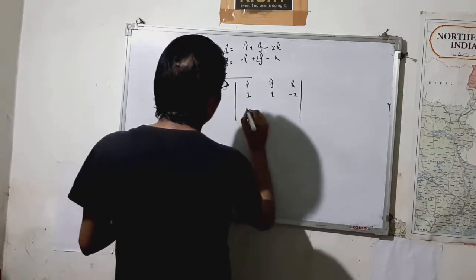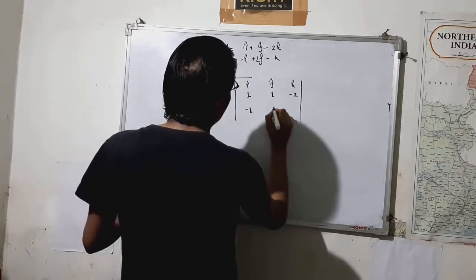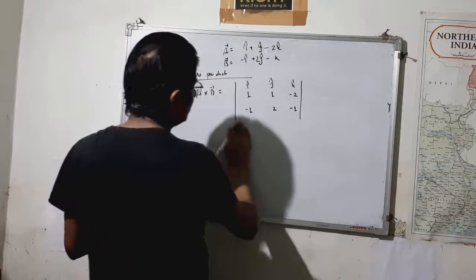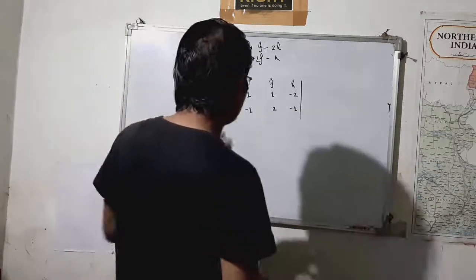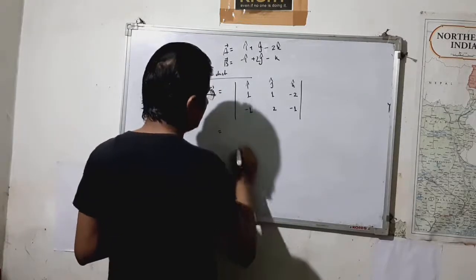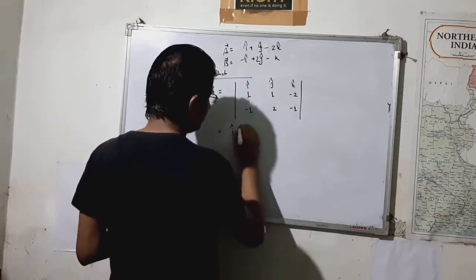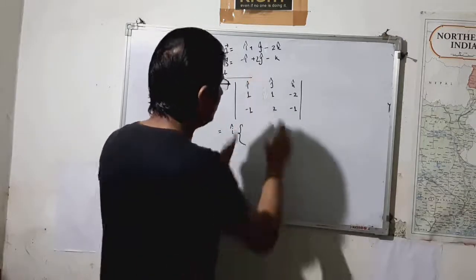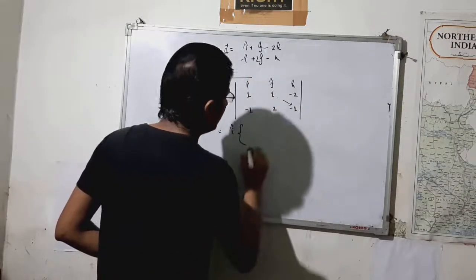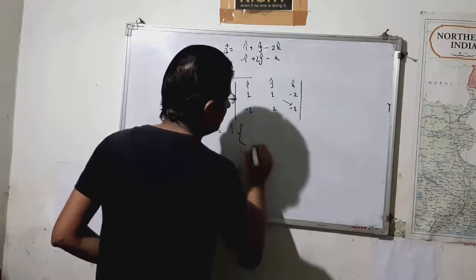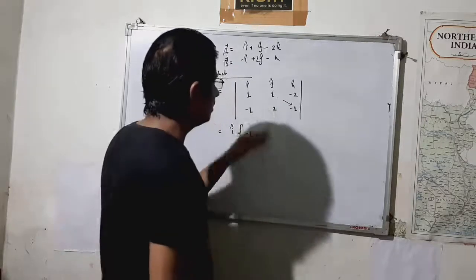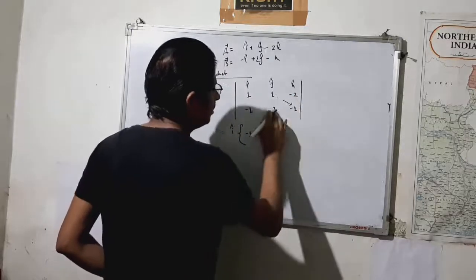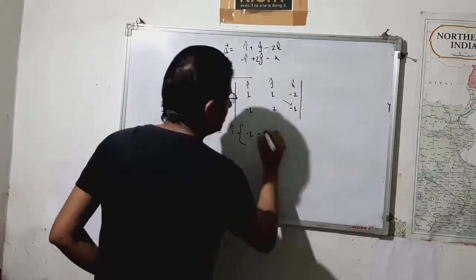For b, the x component is minus 1, the y component is plus 2, and the z component is minus 1. Okay, so we will calculate the value of the cross product. For i, we have to ignore this row: 1 into minus 1, that is simply minus 1, minus 2 into 2, that is minus of 4.